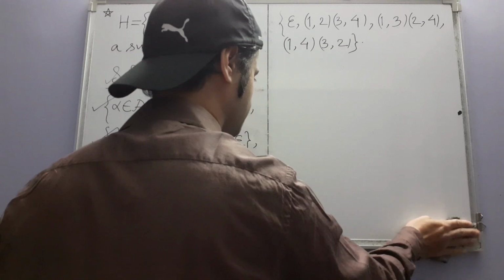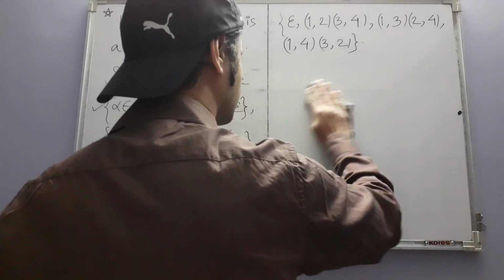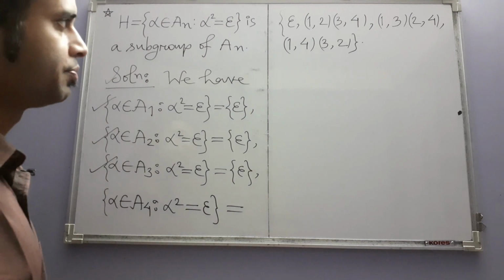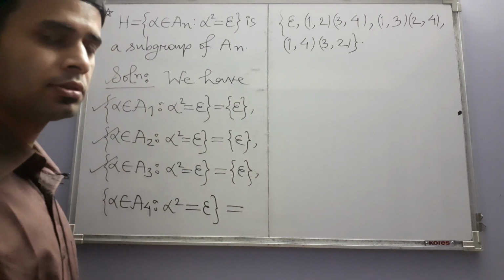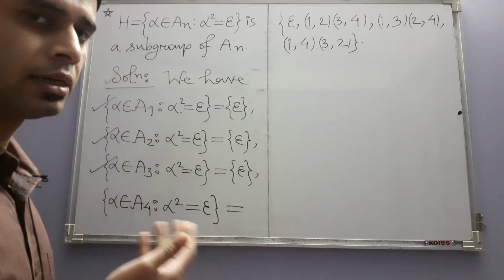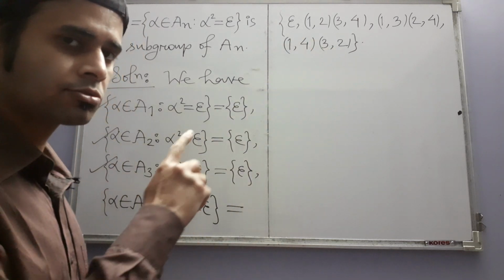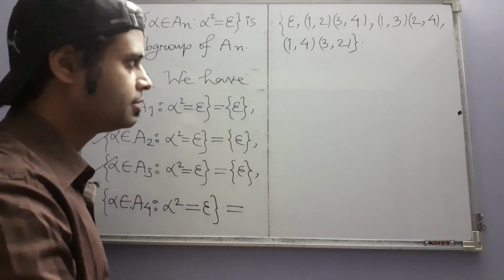How? The reason for that is that this set, one can verify directly, is closed within itself. If we take any two permutations from this set, take their product, it's going to again be an element in this set.